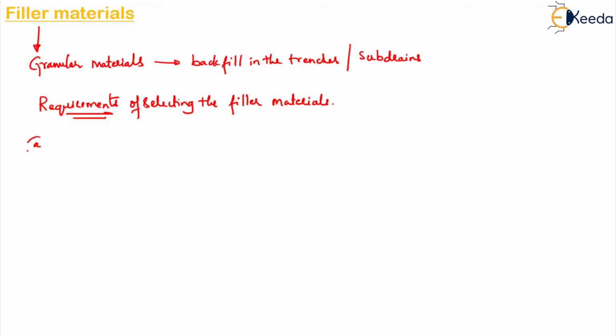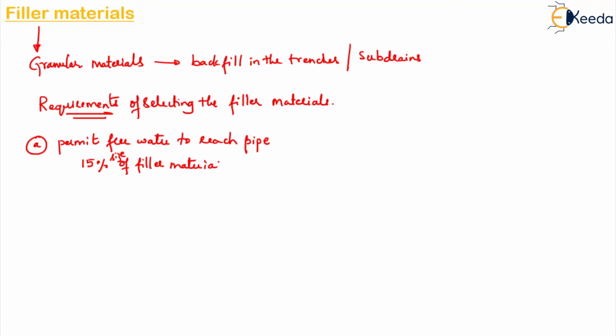In the first one, if we want to permit free water to reach the pipe, then we have to make sure that this condition is satisfied: 15% size of filler material by 15% size of protected soil should be greater than or equal to 5.